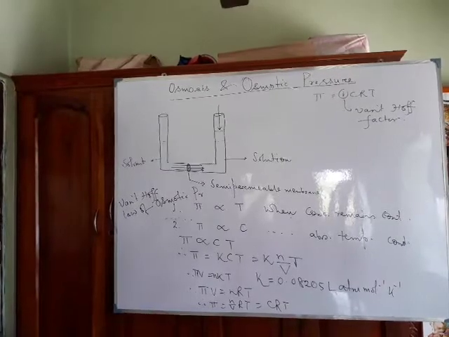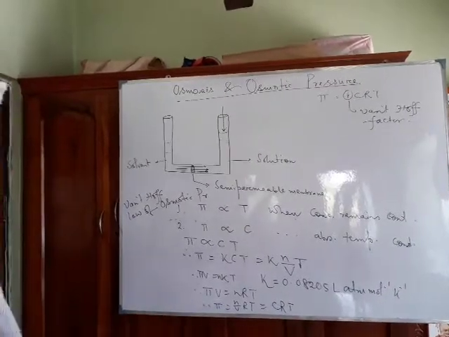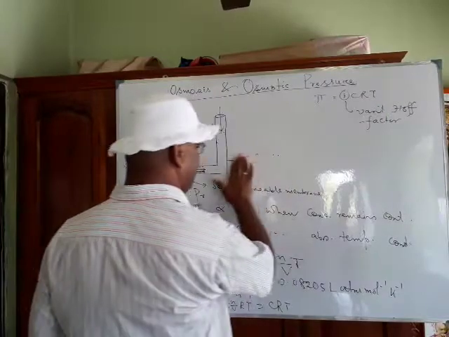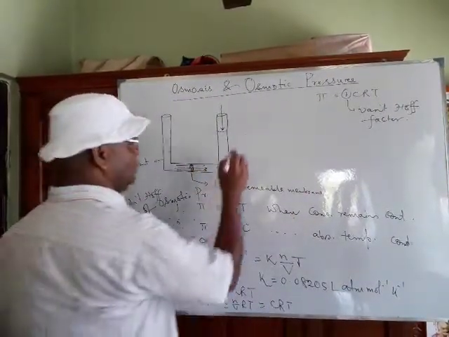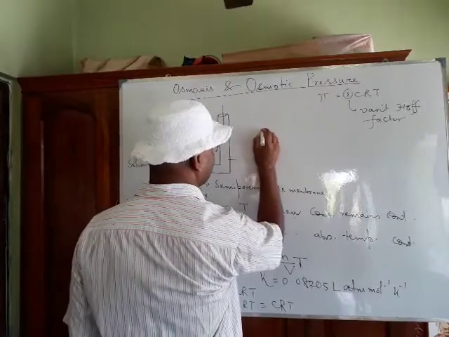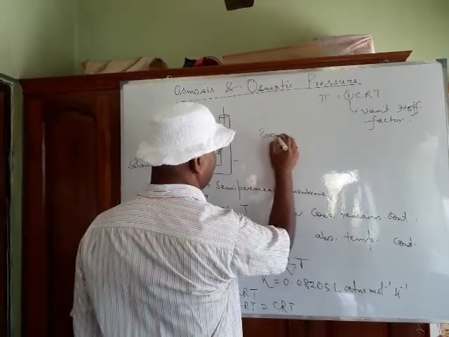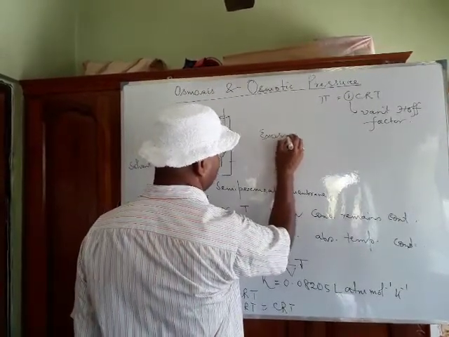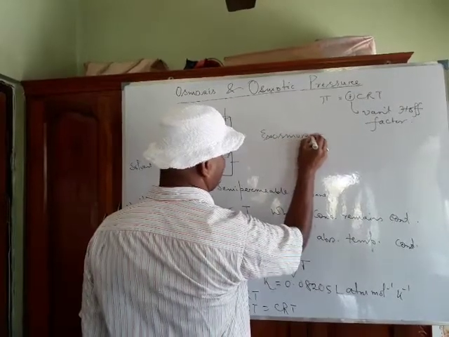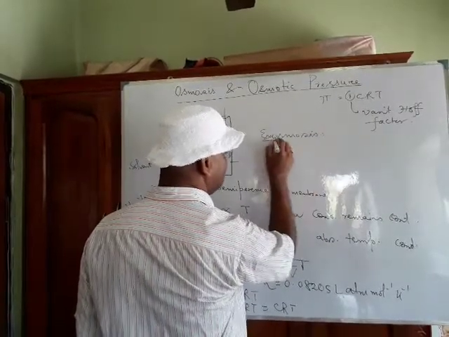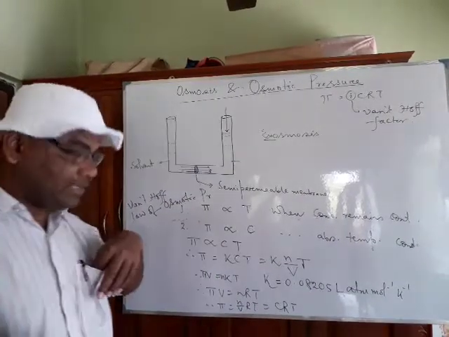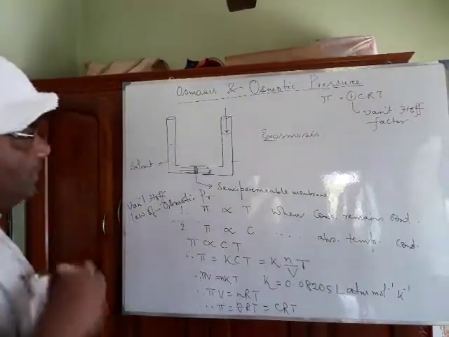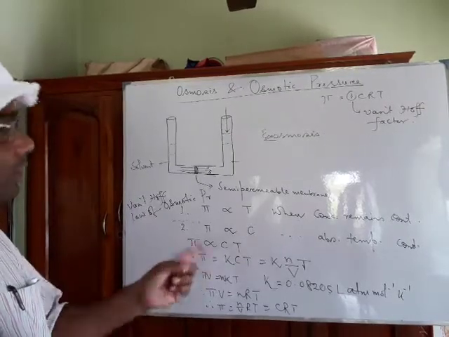Now, regarding osmotic pressure, you have to remember some terminology. You have to know the meaning of exosmosis. From the name it is clear that exosmosis means when the solvent molecules flow outward of the cell.